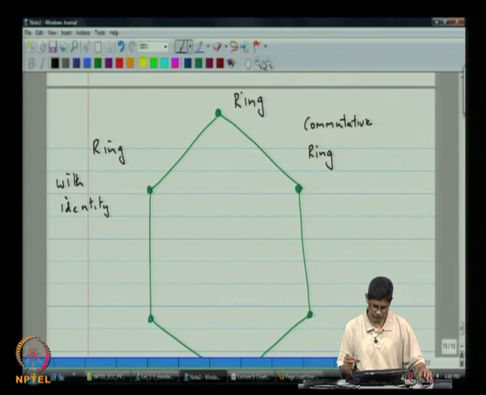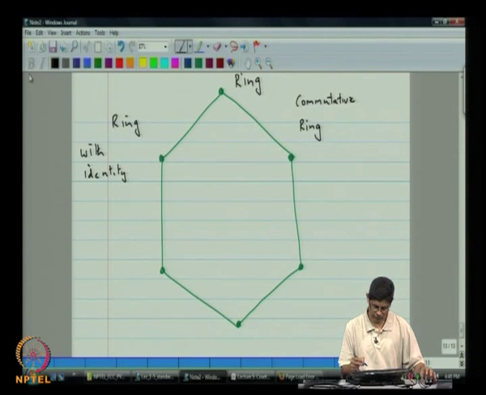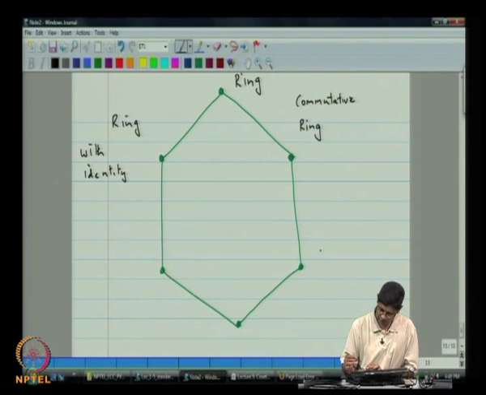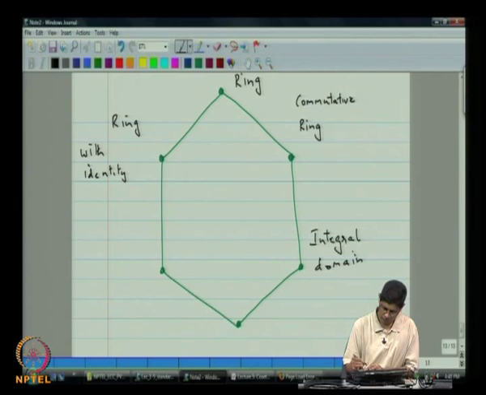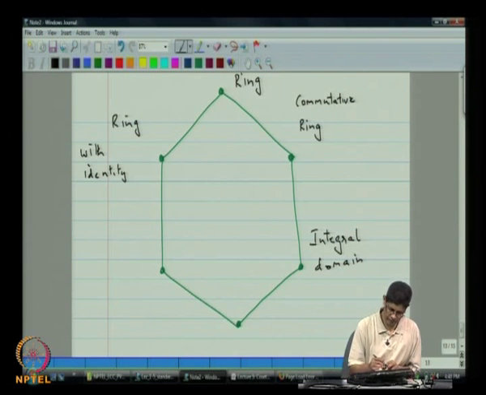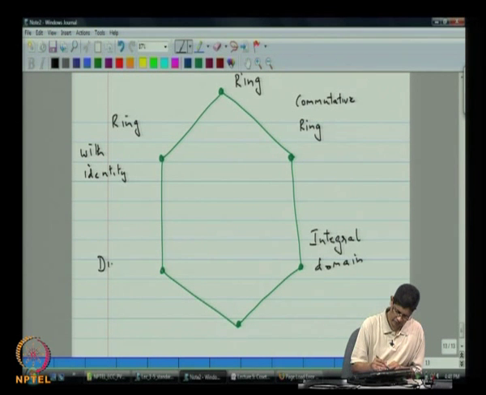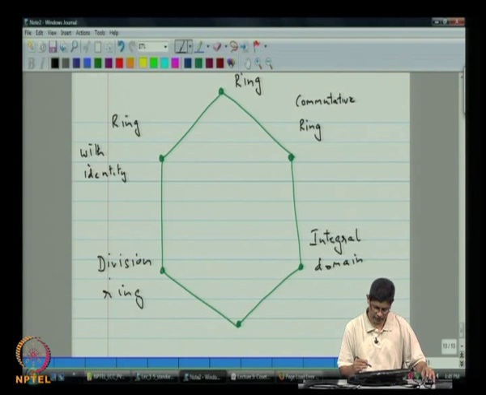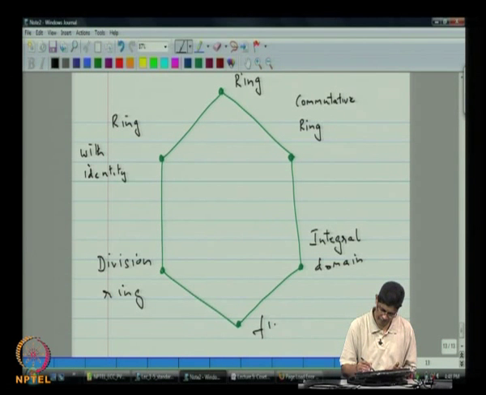And then we have what is called an integral domain. Here we have division rings, and then at the bottom finally we have fields, a field.